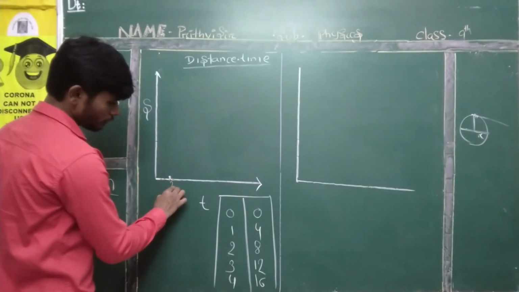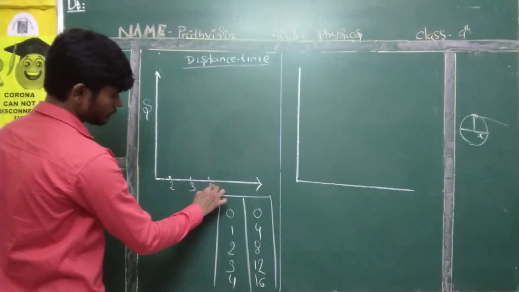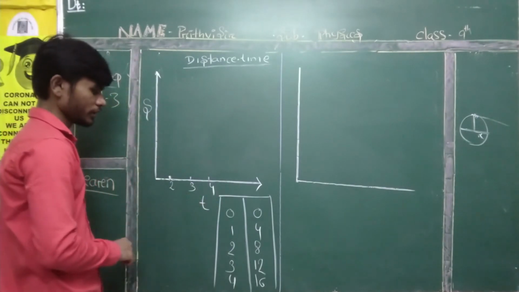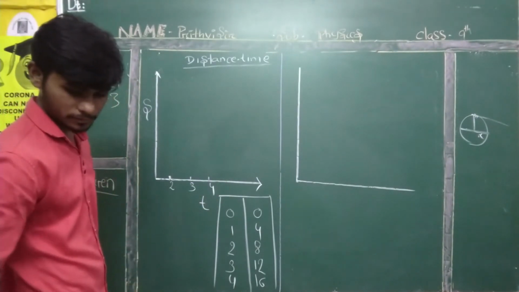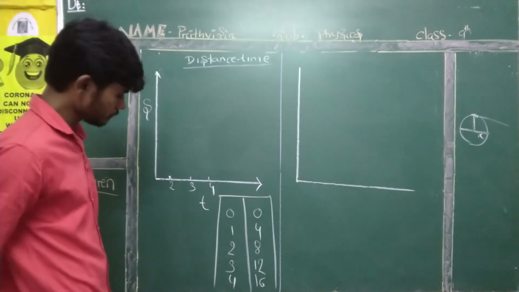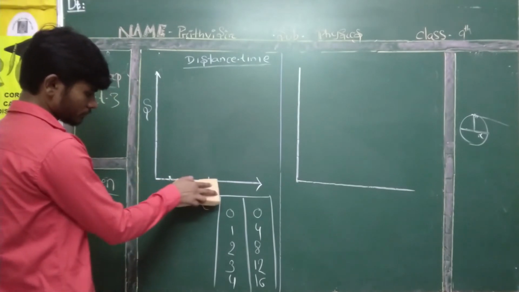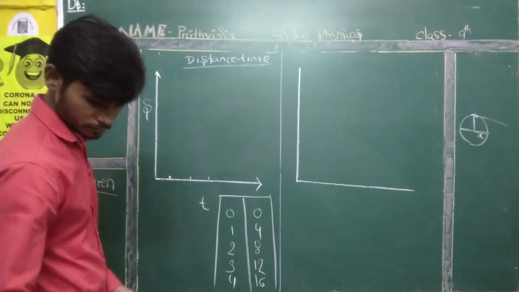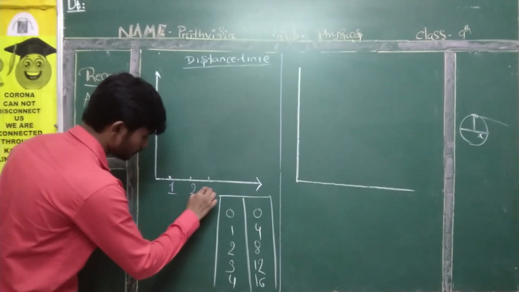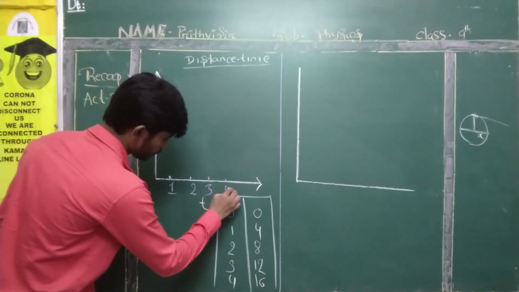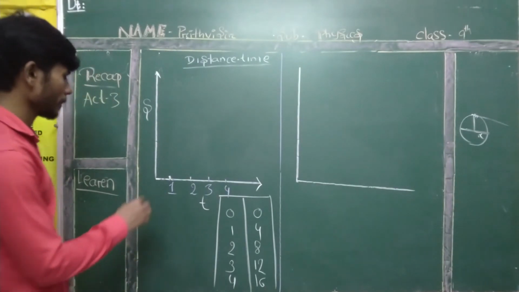Suppose this is 2, 3, 4. Oh, sorry, from 1 we need to do, right? Okay, 4 slots we gave already.